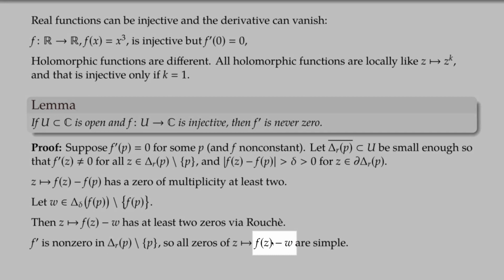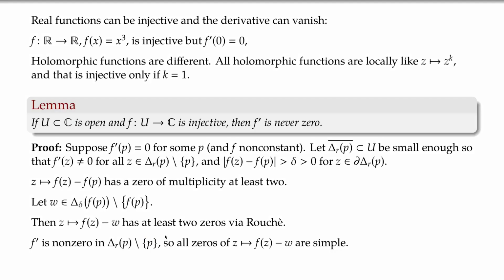And so that function doesn't have a zero at p, so all the possible zeros of f of z minus w are simple, right?